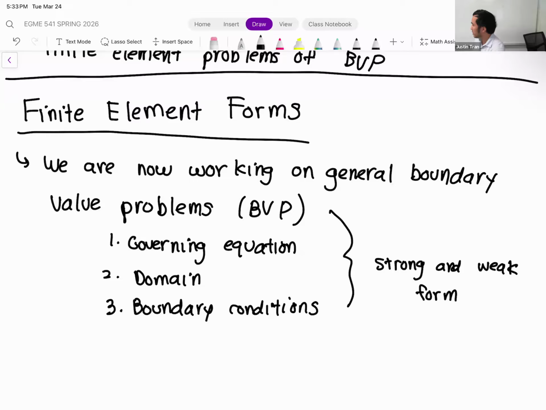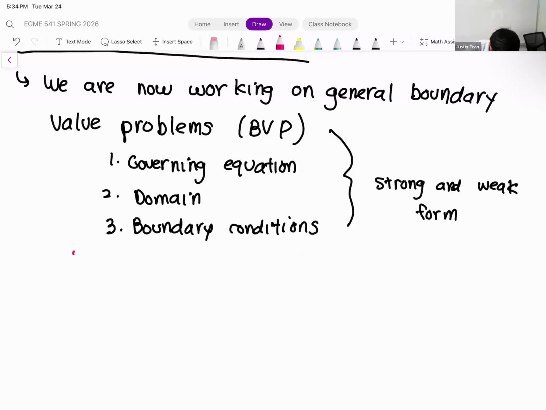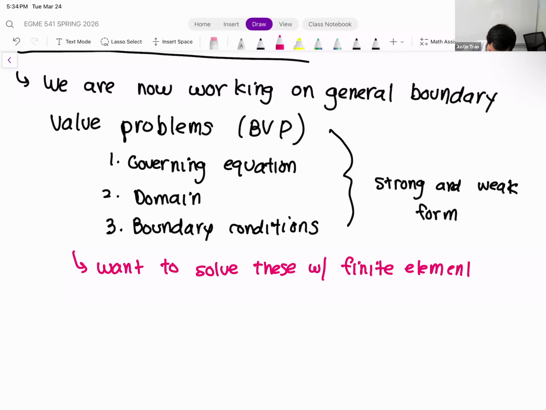I guess you could say the strong form is the really traditional way. That's probably how you solved these in the past. But what we're seeking now is to solve these using a finite element technique, which is basically an approach that we use in our direct stiffness method.